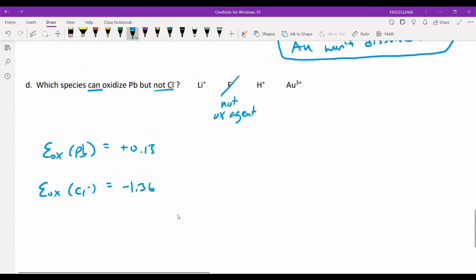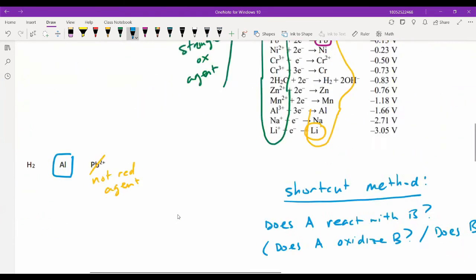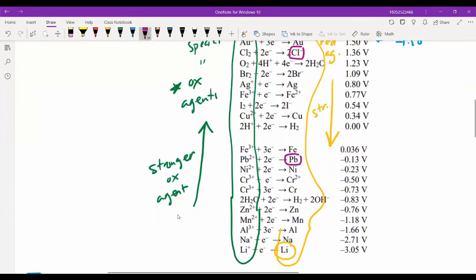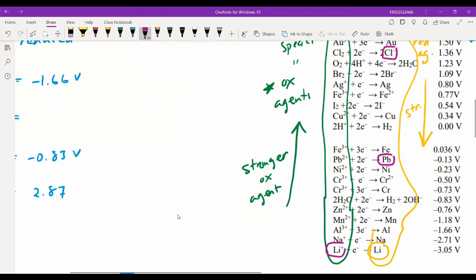Okay, so if I choose lithium plus, the potential to reduce lithium plus is, write that down, negative 3.05. So the problem with lithium plus is that if you put that with these, it can't do either of them, right? So that's the worst oxidizing agent. Here's lithium plus. That's going to be uphill for both of them. That's going to be nope, both of them.